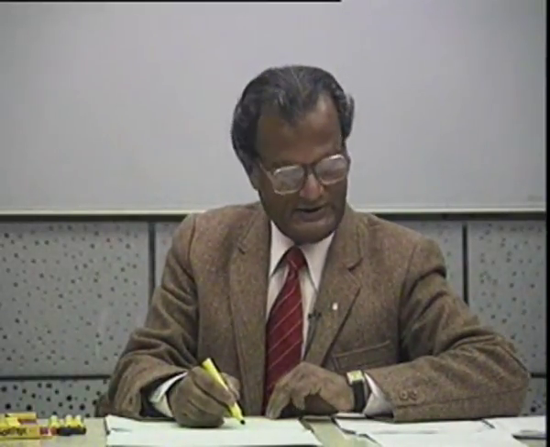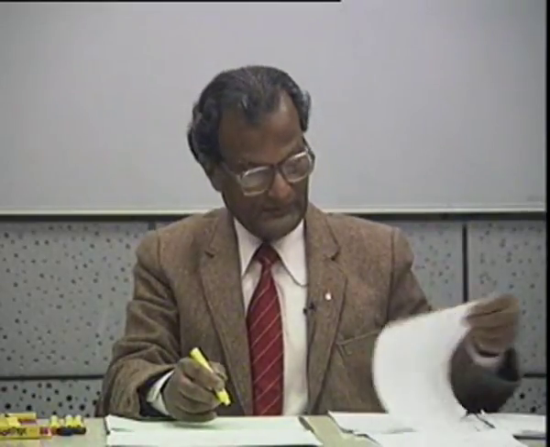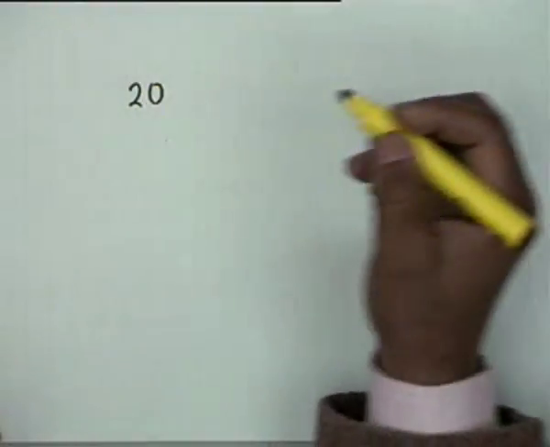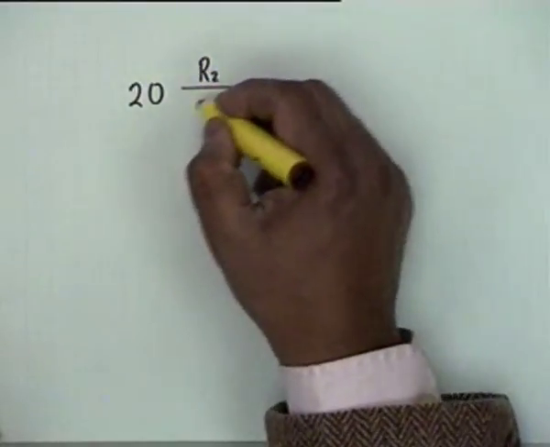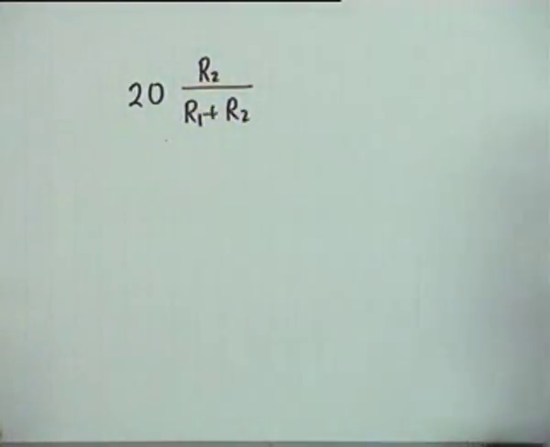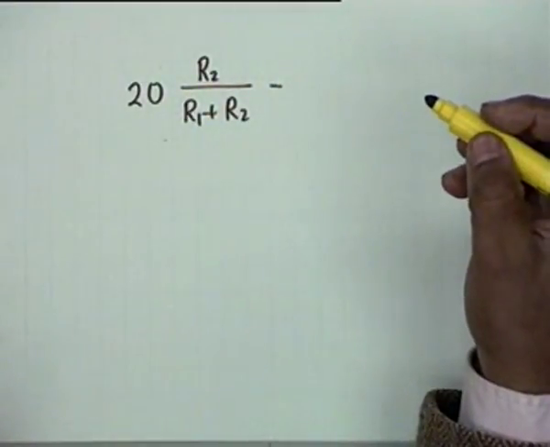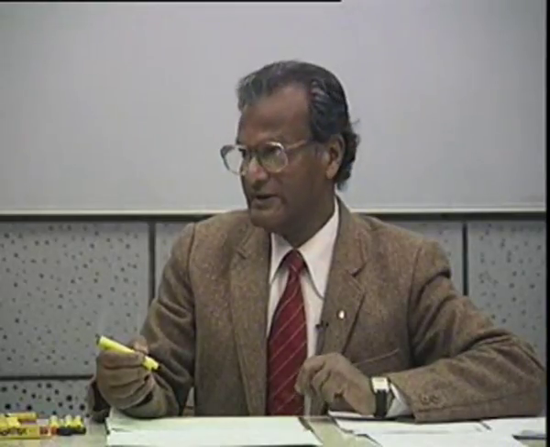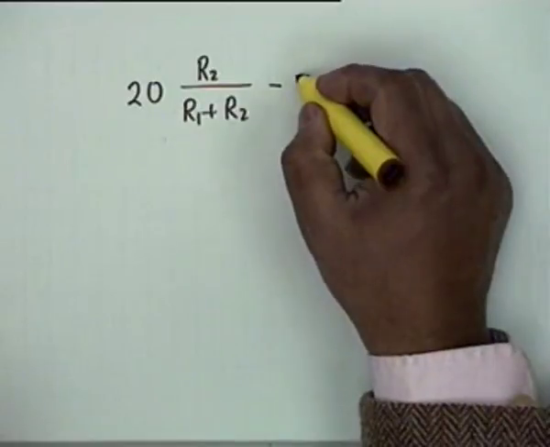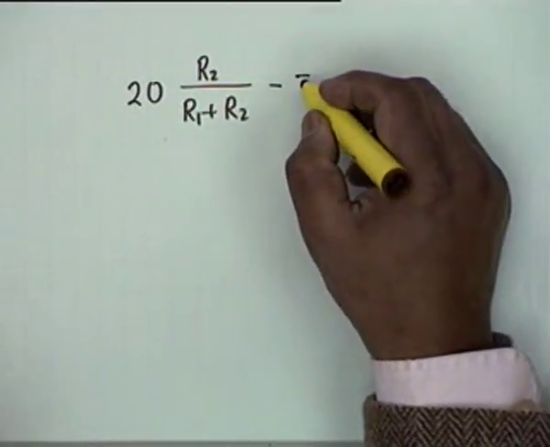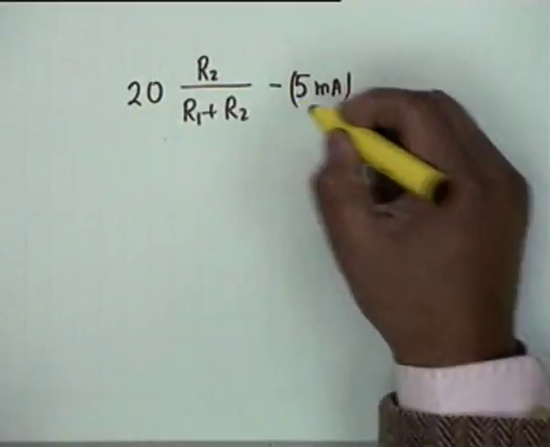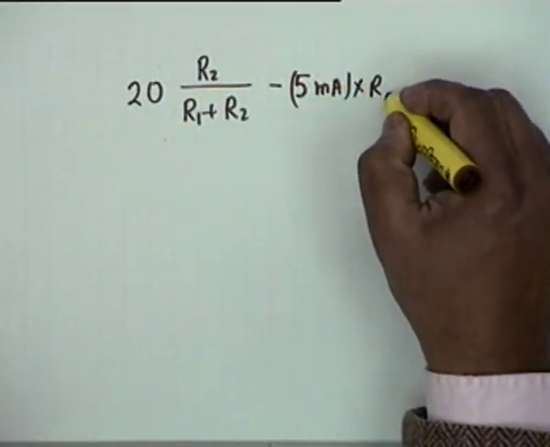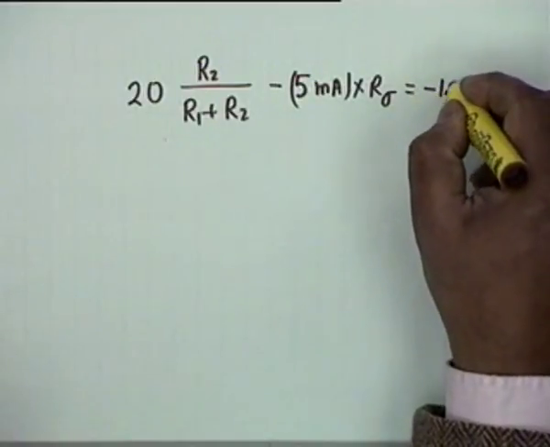Okay. The next question is how to design this circuit. We have found out a VGS. Now VGS obviously is 20 R2 divided by R1 plus R2. If you refer to the circuit, this is VGG minus the drop in the source resistance, that is R sigma, which is equal to I sub D. Now what is I sub D? 5 milliampere, this is the specification, multiplied by R sigma, that should be equal to minus 1.46.